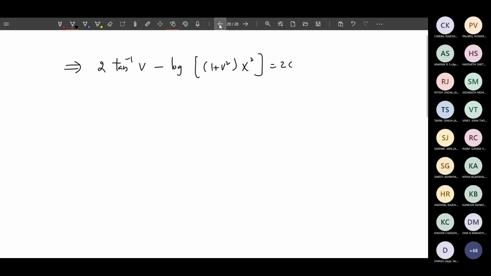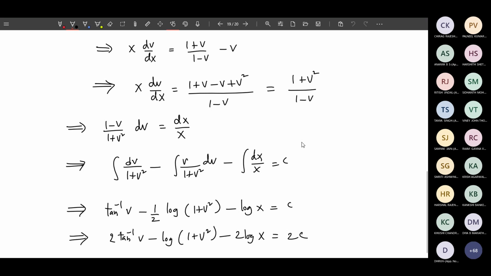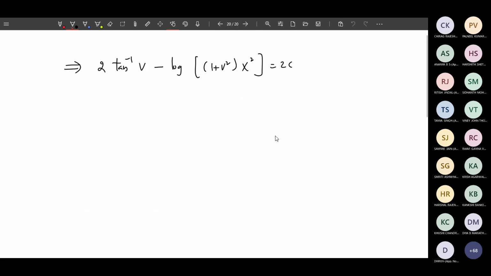I'll go back once again, a few of them have completed the steps. The logarithm property is this: 1 plus v square into x square, because 2 log x is log x square.